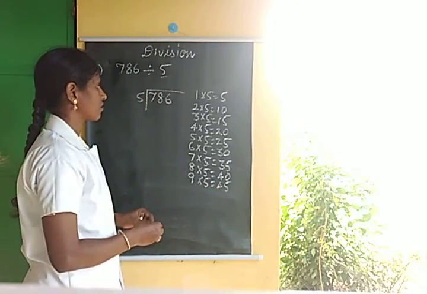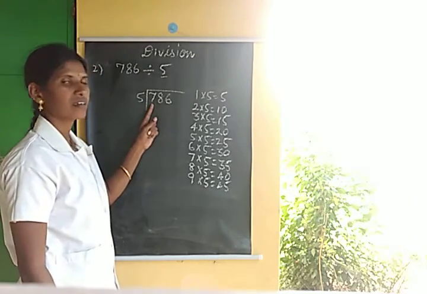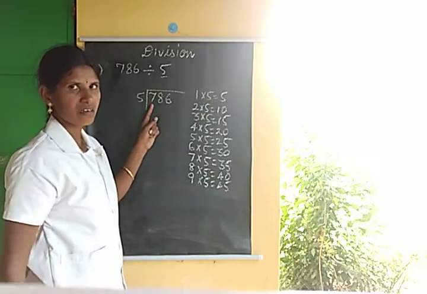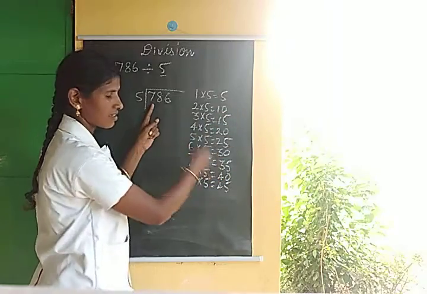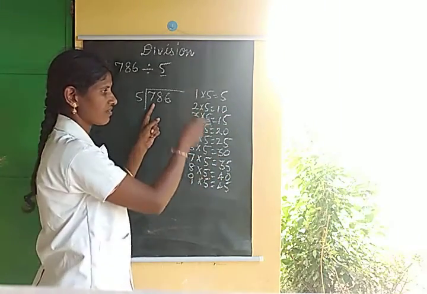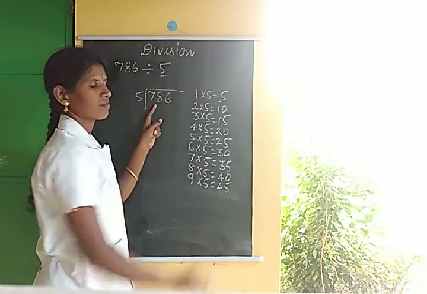Shall we do it step by step now? So first, which number do we take? Number 7. Is 7 there in the answer? Don't look here, we have to see the answer. Is 7 there in the answer? No. Less than 7. Where is less than 7? 5.